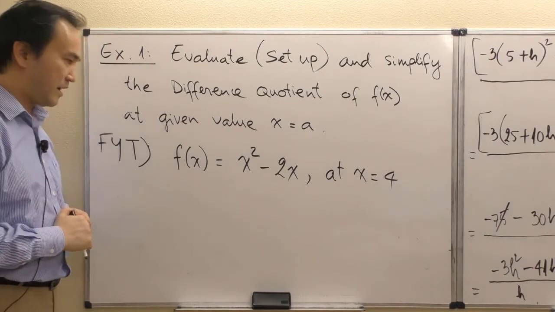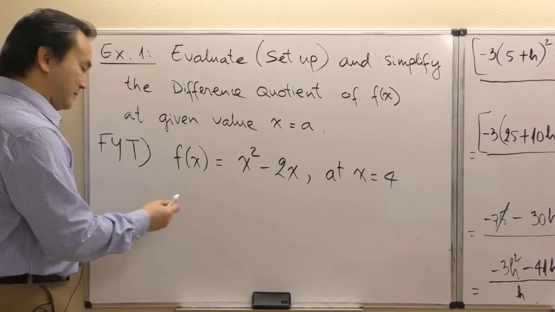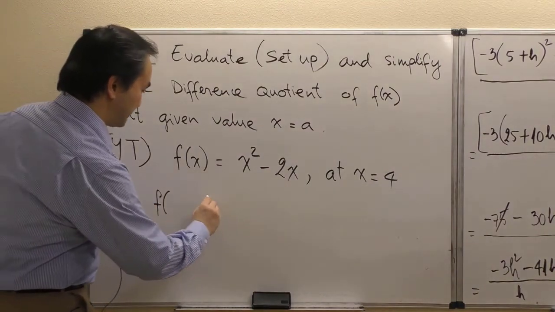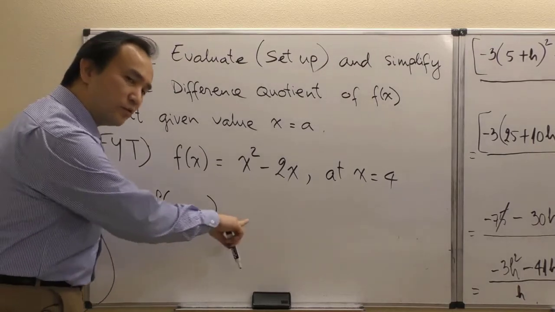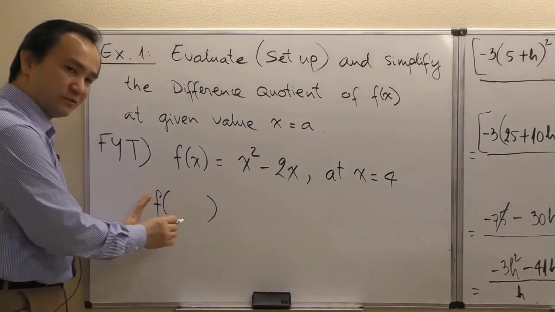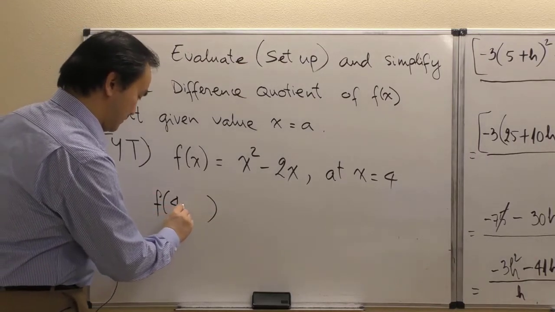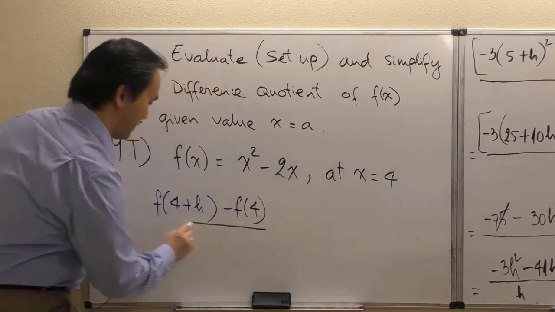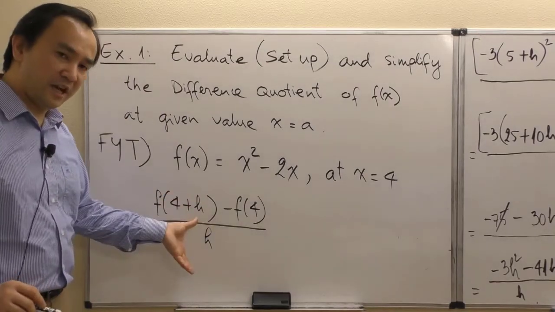All right, so now I hope you have your own answer. So the setting up for this problem would be, and this is only the starting of the setting up, and of course you have to continue with your actual setup right here. It's just a general starting indication. So f of 4 plus h minus f of 4, okay, and over h. So that's the starting indication point right here.